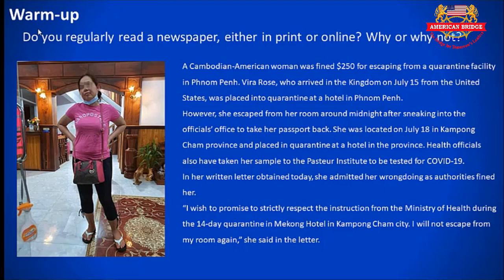However, she escaped from her room around midnight after sneaking into an official office to take her passport back. She was located on July 18 in Kampong Cham province and placed in quarantine at a hotel in the province. Health officials also took her sample to the Pasteur Institute to be tested for COVID-19.